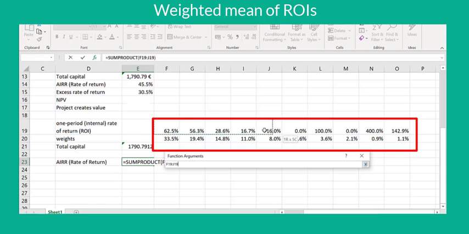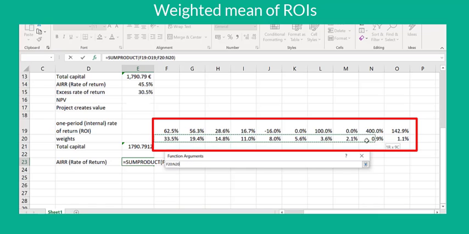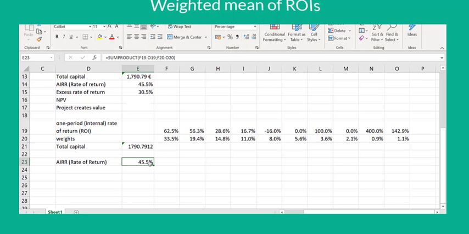Array 1 is given by the stream of the returns on investment. Array 2 is given by the stream of weights. And what we get is exactly what we have already obtained in the previous video. That is 45.5% return.